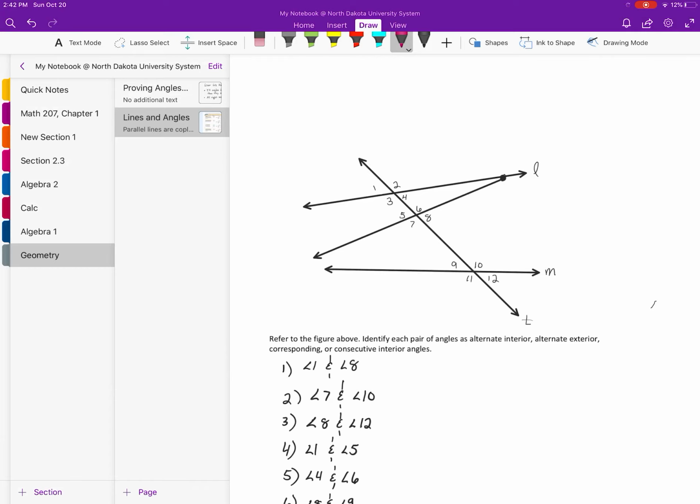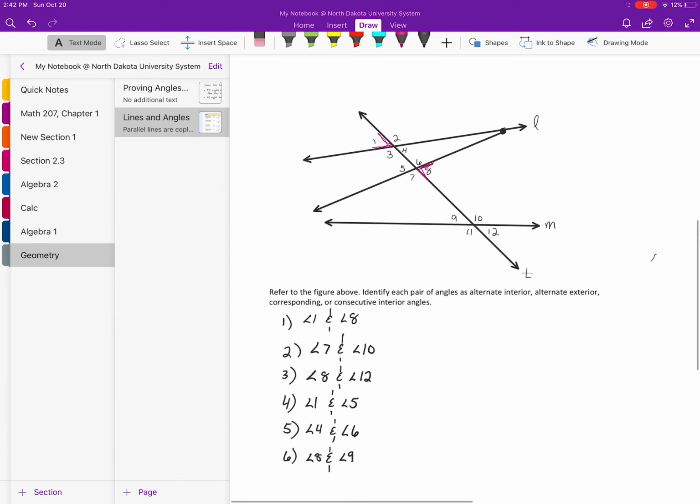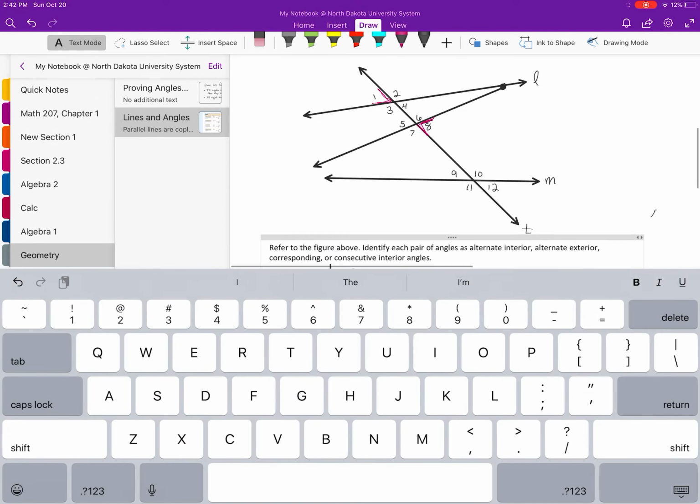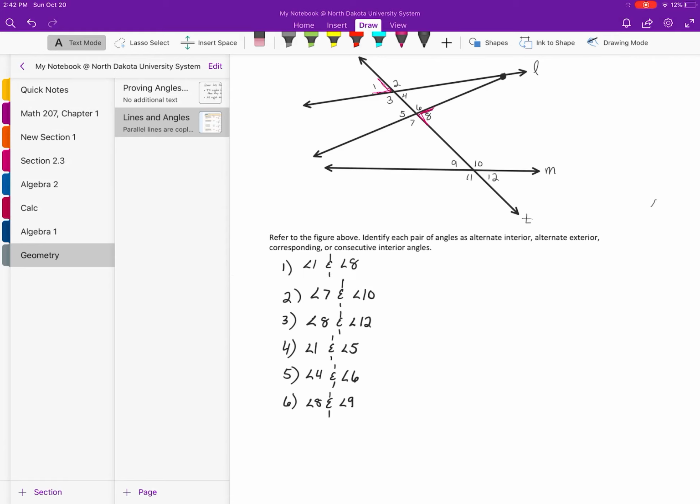So for instance, the first one, we have 1, and we have 8. Well, those aren't on the same side. They're not in corresponding positions, right, on top of their lines or on the bottom of their lines. And they don't make a Z. So that is an alternate exterior angle pair.